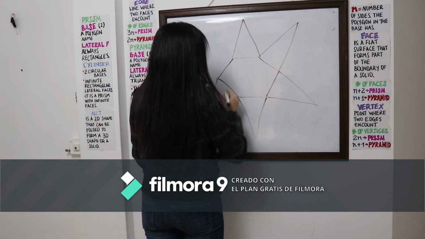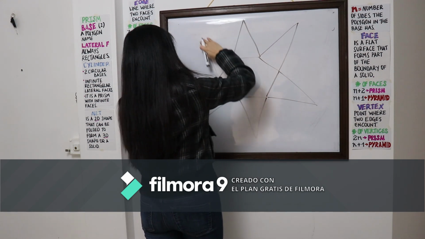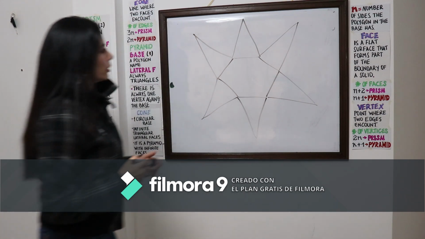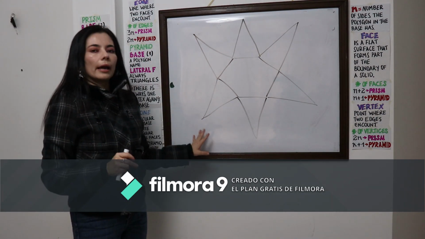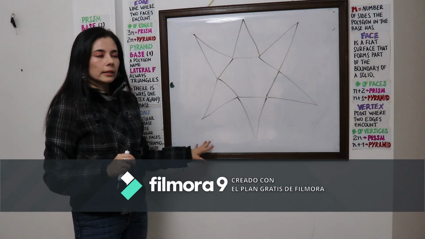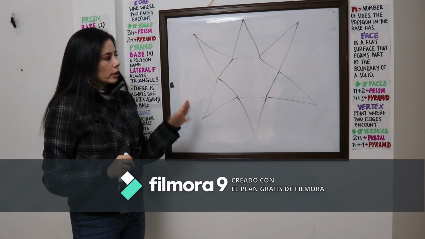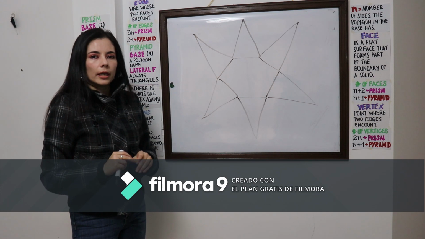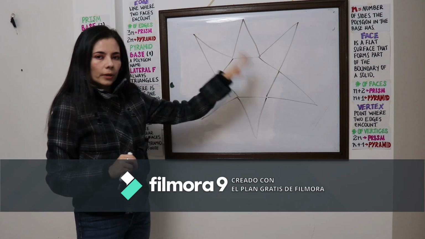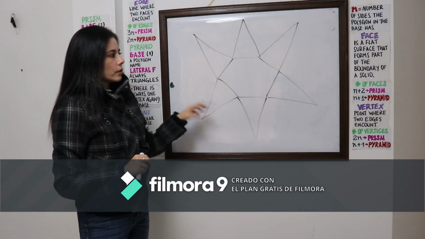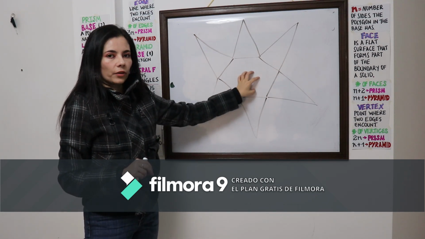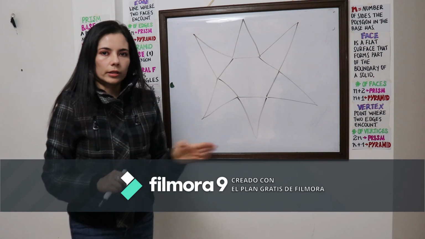Not equilateral, but congruent, right? And that could be the net for my hexagonal pyramid, all right? It's just one way I see it, and it's probably the easiest for me. For prisms, I just make the rectangle first, and then I locate the 2 bases. And for pyramids, I locate the base first, and then I just get triangles around it, and that's it.